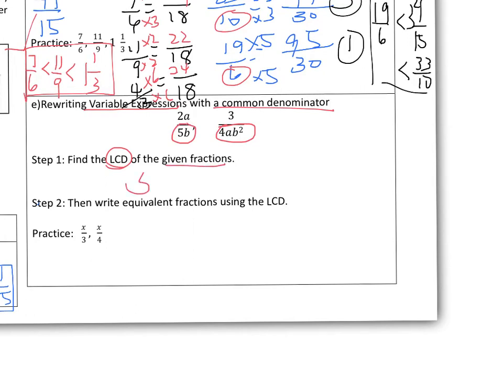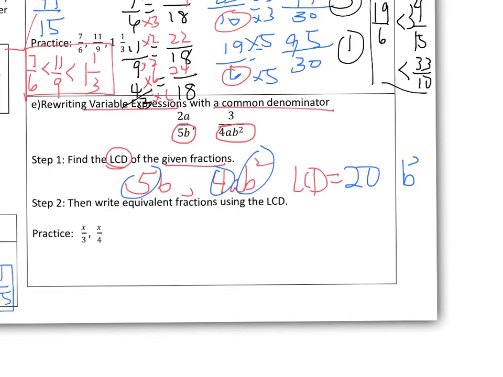So in the denominators, we have 5b and 4ab squared. The LCD will be 5 times 4, which is 20, and we take b squared, and we also have to take a.